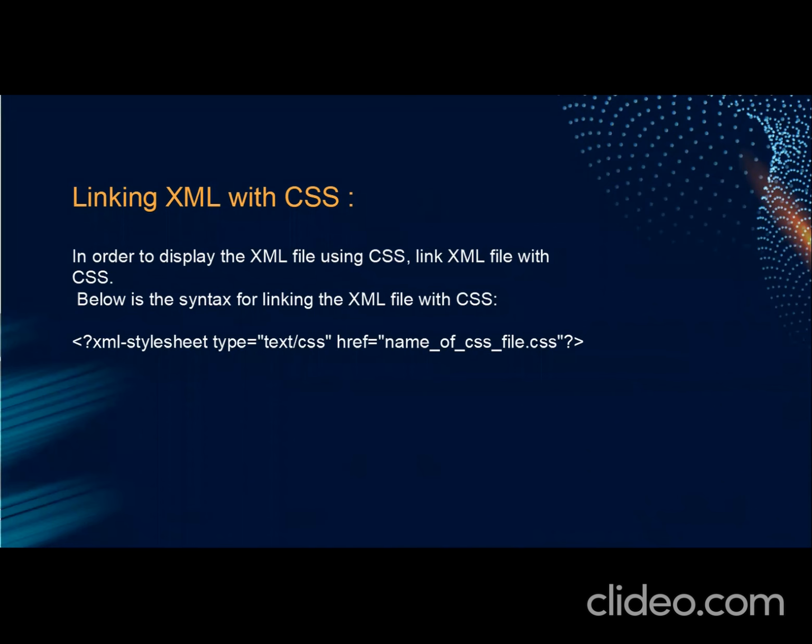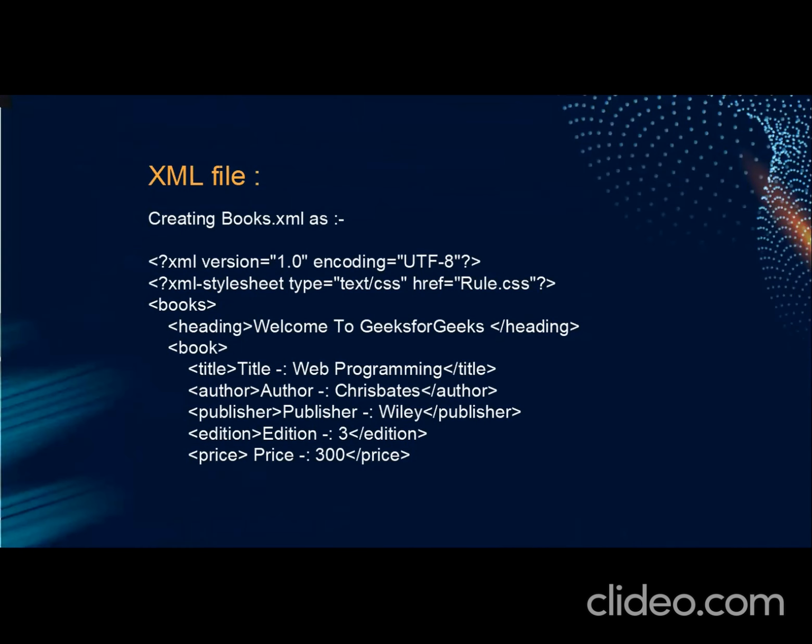So that's why we are using xml-stylesheet, that is, type equals text/css, and we are referring to an attribute, that is href. Href is equal to the name of the CSS file, that you saved in that HTML or CSS folder. The file would be saved as .css because we are doing it in a cascading style sheet.